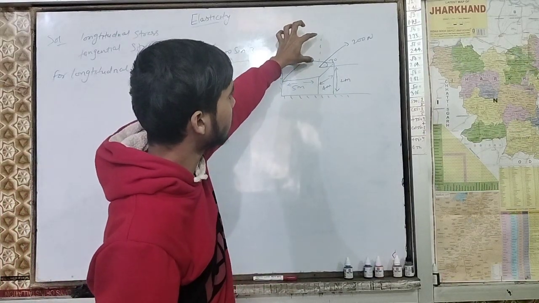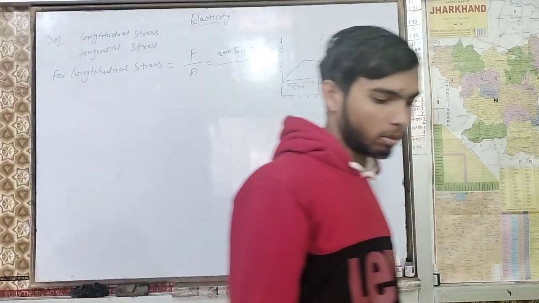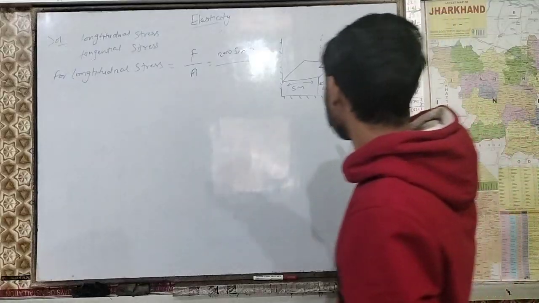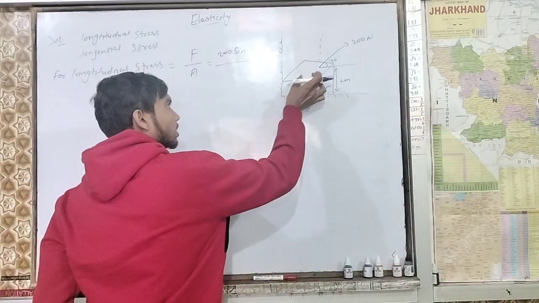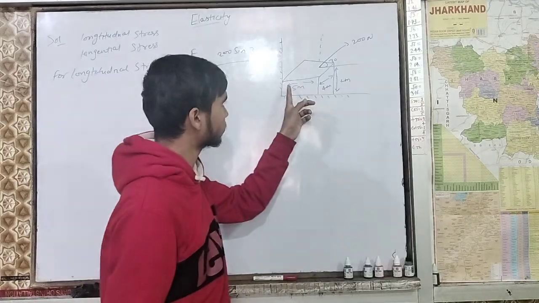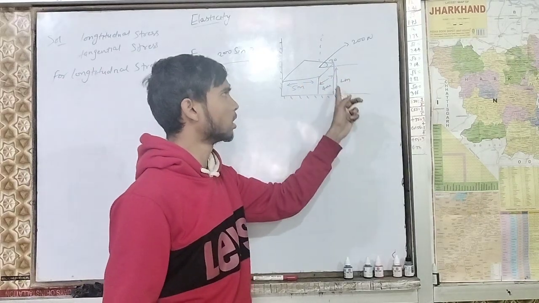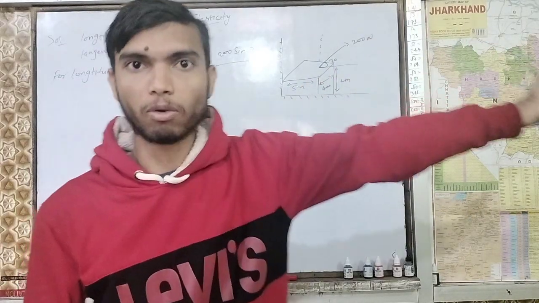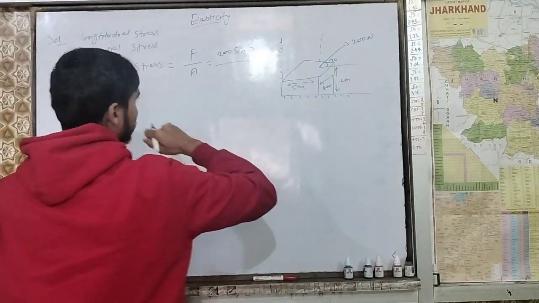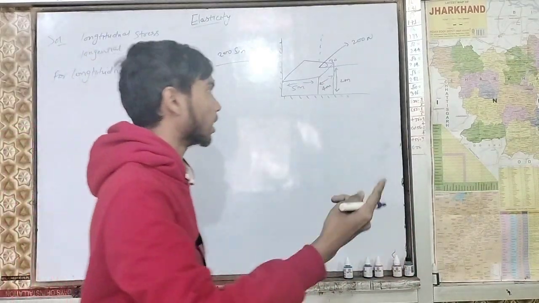For this, I think area should be 5 meter, yeah? It is asking the area of this surface, not the area of the volume. So this is 5 meter and this 4 meter. 2 meter will be for volume, not for the surface. So 5 meter multiplied by 4 meter is our area.